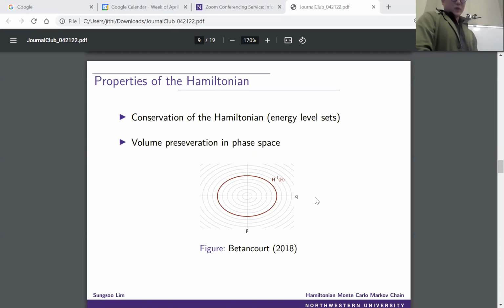Another important implication is that volume is preserved in phase space, so if we change the position variable, for example, the momentum variable has to compensate in the opposite way to keep the volume the same.